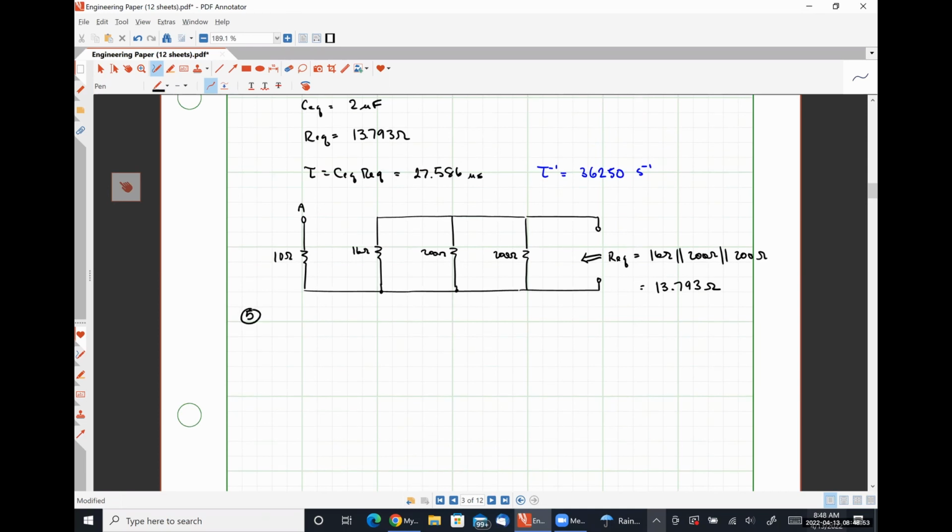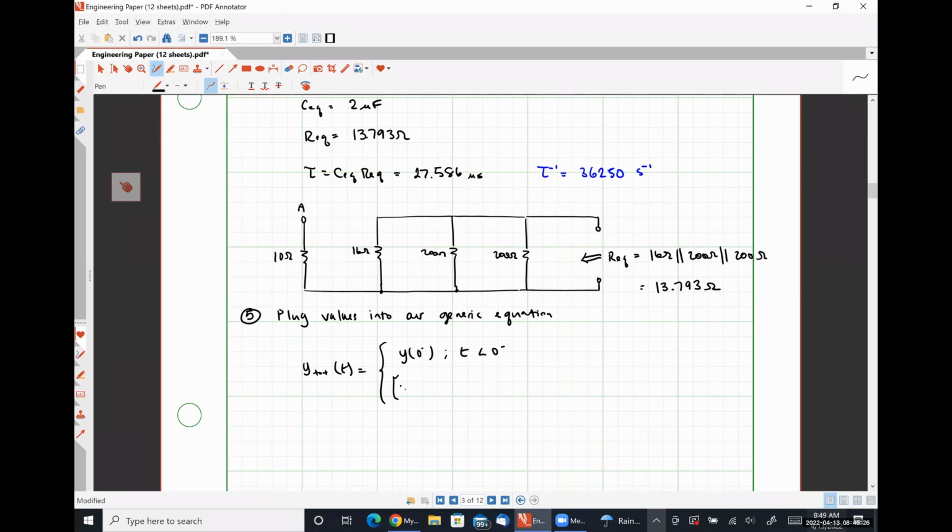Now we are at step 5, which is simply plug values into our generic equation. As a reminder, our generic equation, y total, is y at 0 minus, for t less than 0 minus.